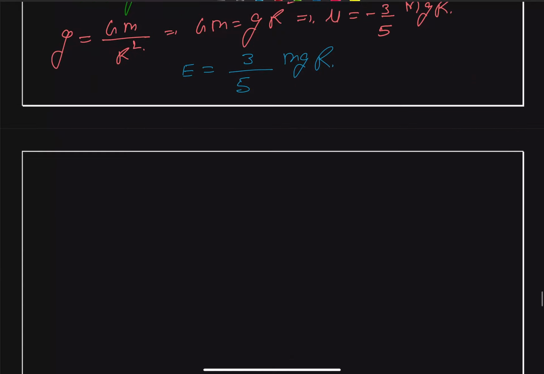And we substitute because the product of m and r is given to us. Therefore, E is equal to 3 by 5 times g, let us suppose taken as 10, times the product given as 2.5 into 10 to the power 31. So we get this energy E approximately equal to 1.5 into 10 to the power 32 joules.